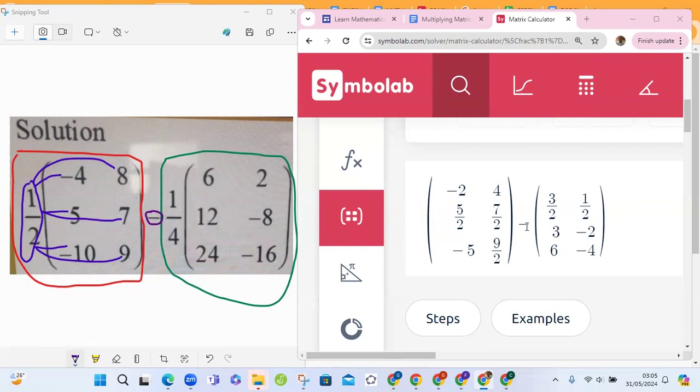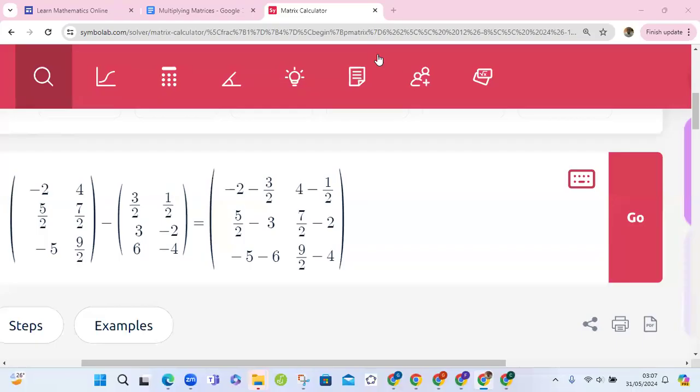Now to subtract, you must subtract each corresponding element. So -2 has to subtract 3/2. 4 has to subtract 1/2. 5/2 has to subtract 3. 7/2 has to subtract -2, and so forth. So here we subtracted each corresponding element.